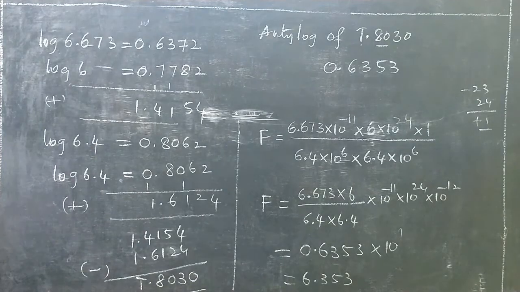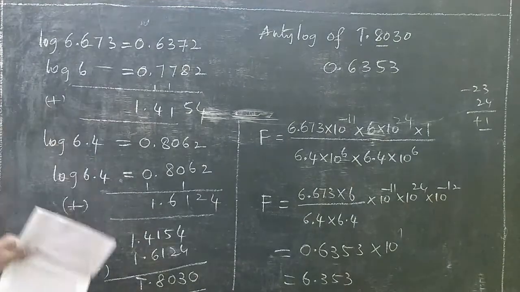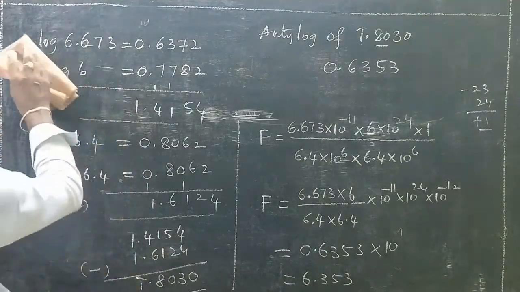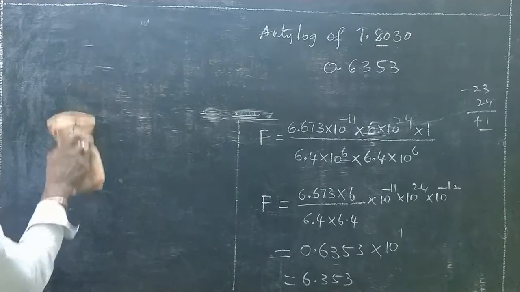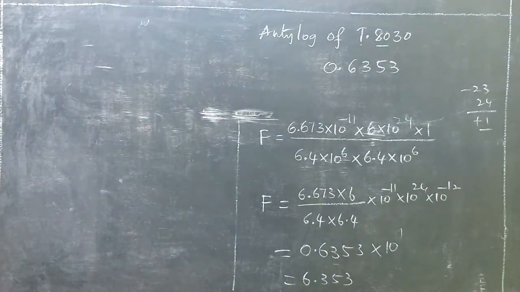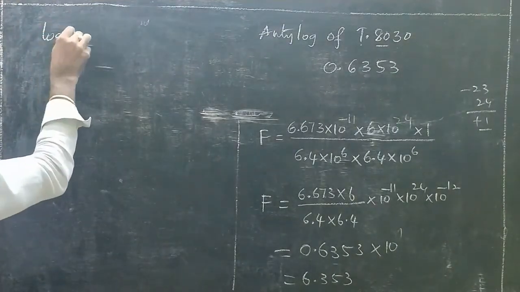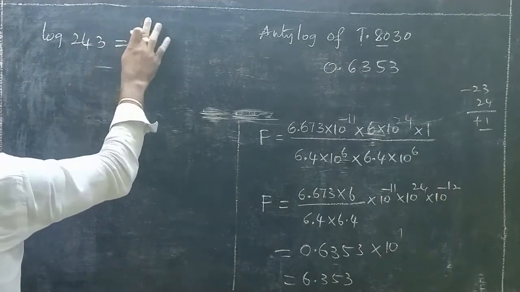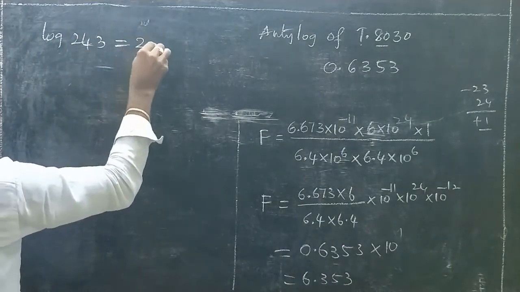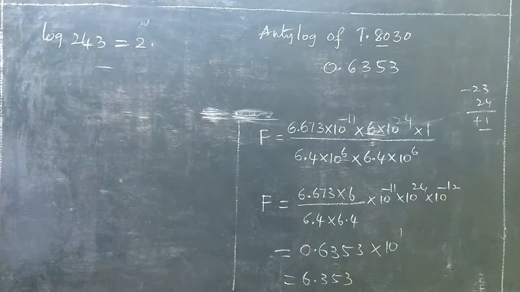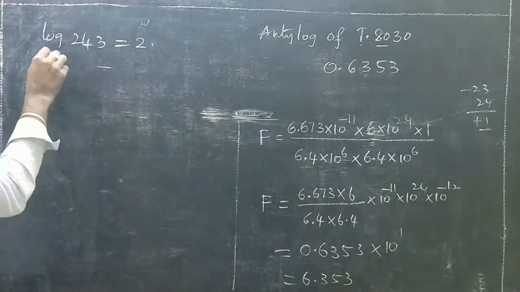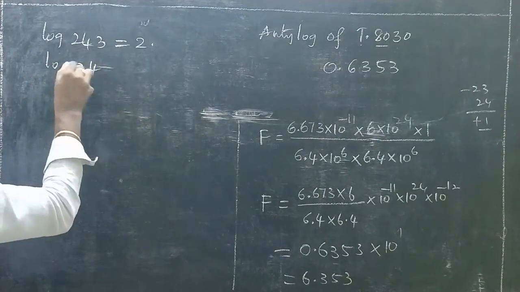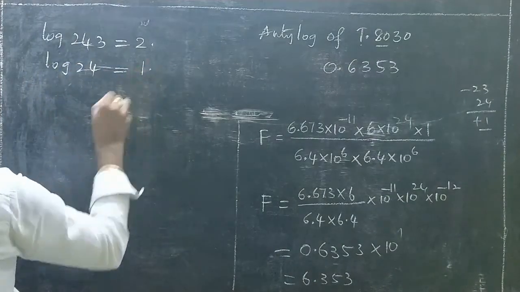Now, how can you put in this kind of characteristic? Suppose you have the log of 243: the characteristic is 2 point. Log of 24: the characteristic is 1 point.